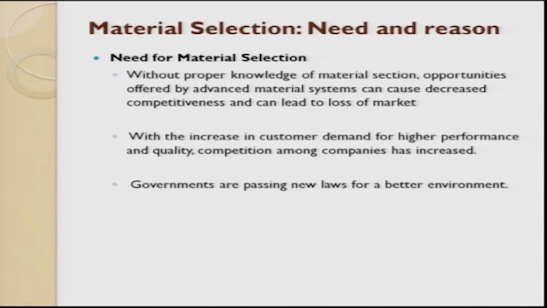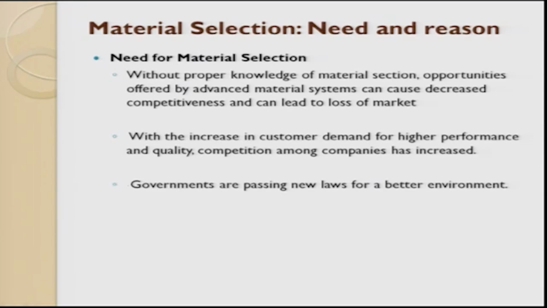So what is the need and reason? The need for material selection: without proper knowledge of material selection, the opportunities offered by advanced material systems can cause decreased competitiveness and can lead to loss of material. If you make a wrong choice of material, for example, sensors were initially thought of to be made of glass, then they moved to silicon, and today they are made out of polymer.